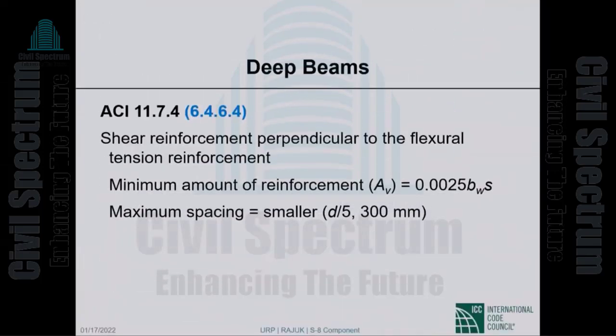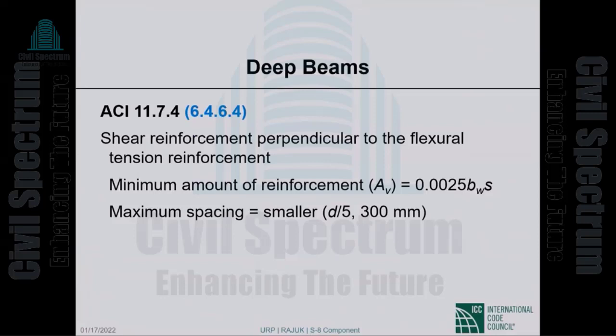And then this is very important. So in a deep beam, you have to have not only vertical shear reinforcement as in a conventional beam, but also horizontal shear reinforcement. Shear reinforcement perpendicular to the flexural tension reinforcement.